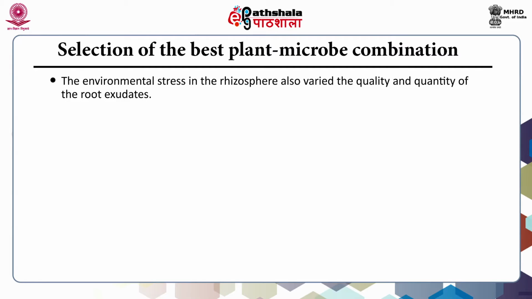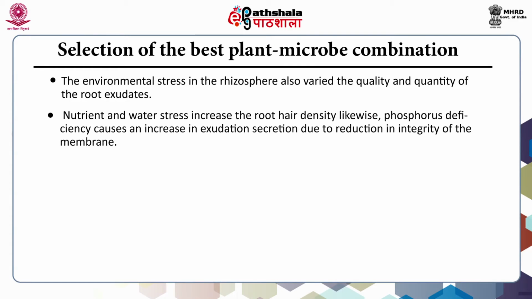The environmental stress in the rhizosphere also varies the quality and quantity of the root exudates. Nutrient and water stress increase the root hair density. Likewise, phosphorus deficiency also increases exudate secretion and affects the integrity of the membrane.